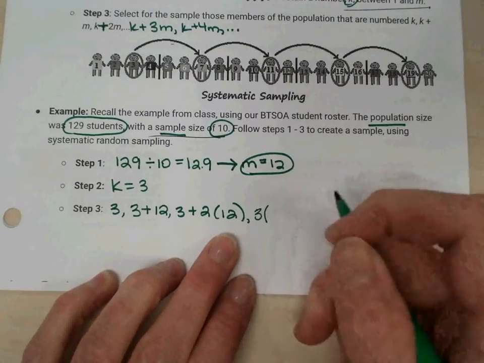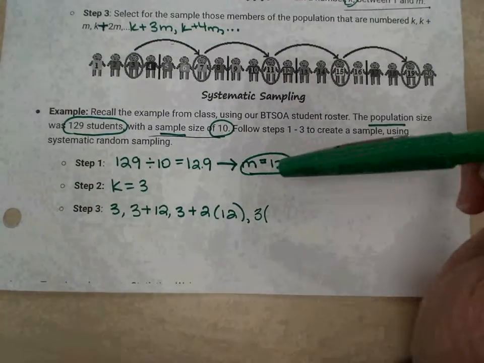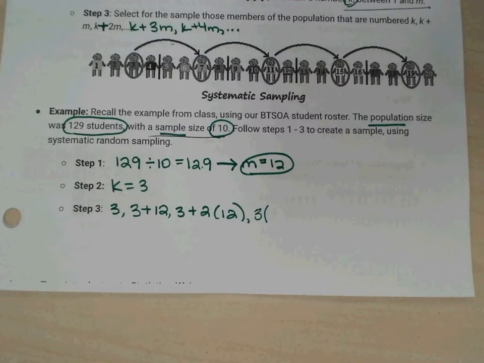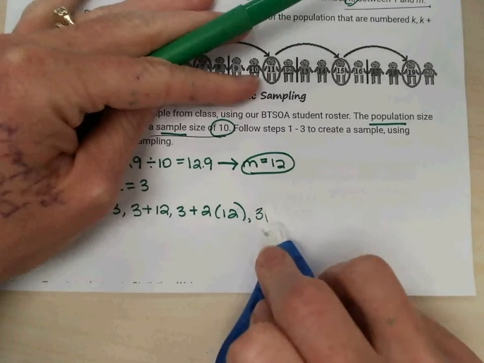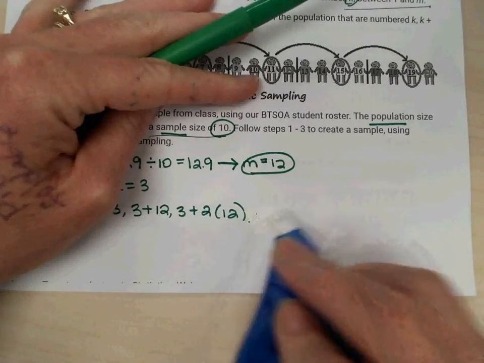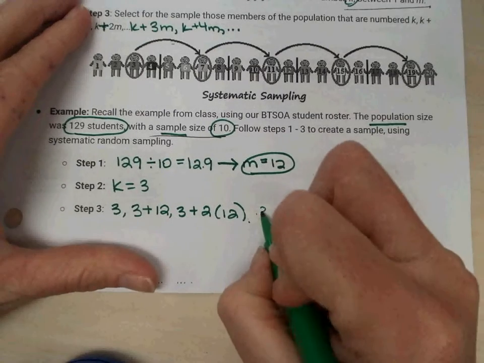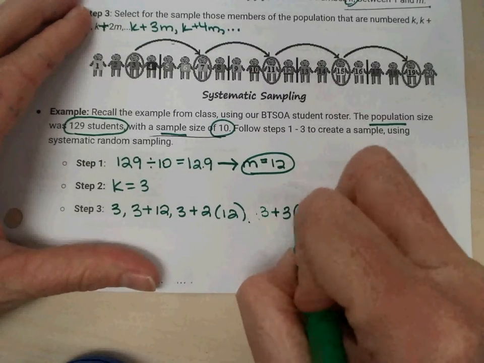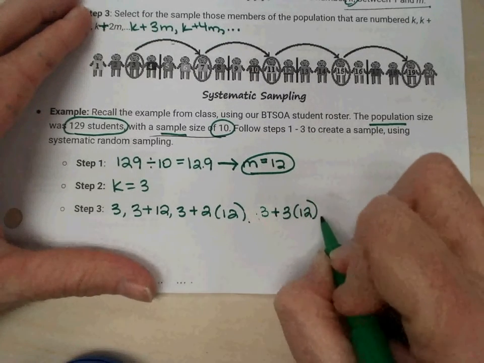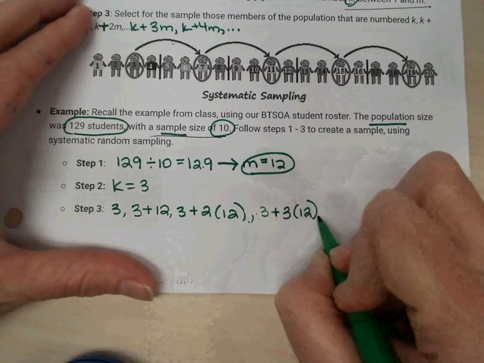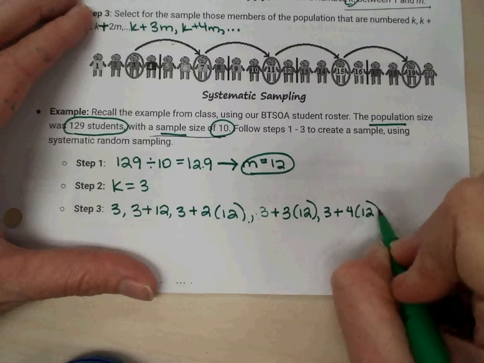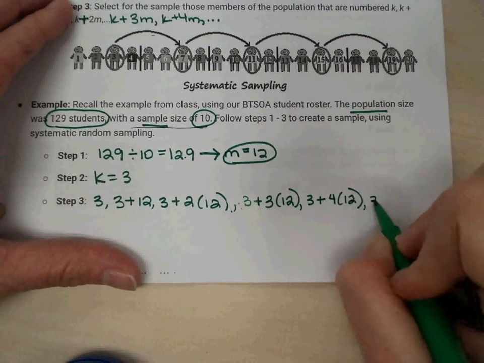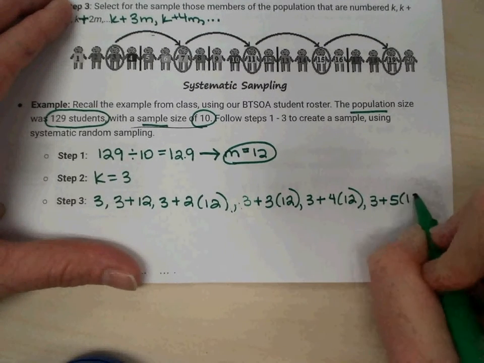So k, 3, and there's a couple 3s in this one. So 3 plus 3 times 12. 3 plus 4 times 12. 3 plus 5 times 12.